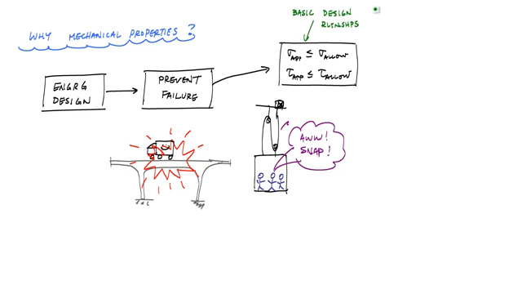In order to put limits on what we define as safe, we have to define what is considered failure. These allowable stresses that we as engineers choose are a way for us to define if or when something fails.